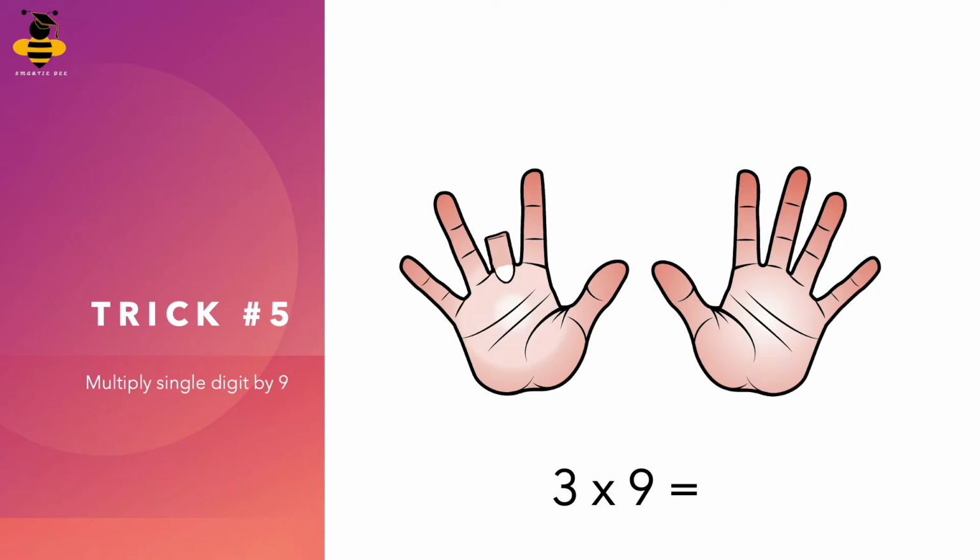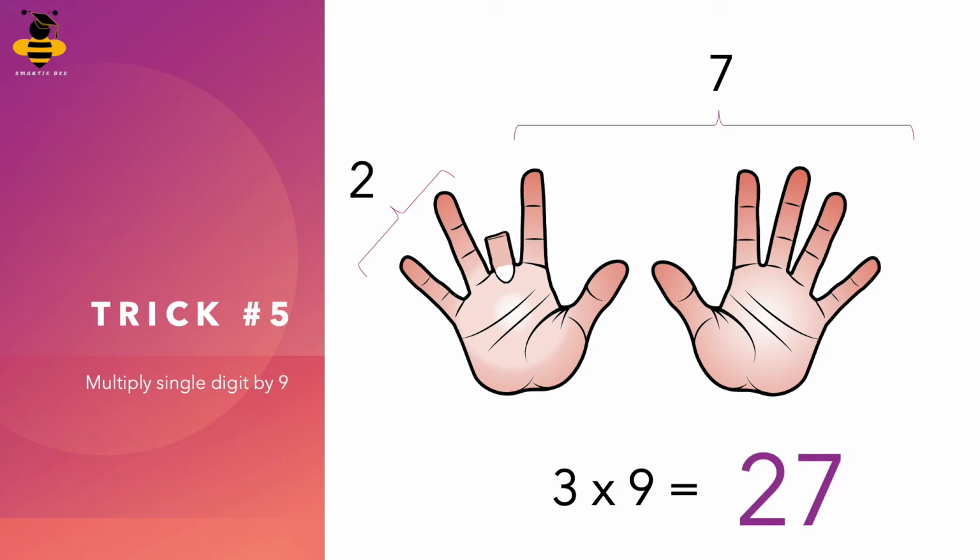The fingers on the left of the folded finger give the first digit, so that's 2, and the rest give the second digit. The fingers on the right-hand side of your middle finger are 5 and 2, that's 7. That's right, 27. 3 nines are 27, 9 threes are 27.